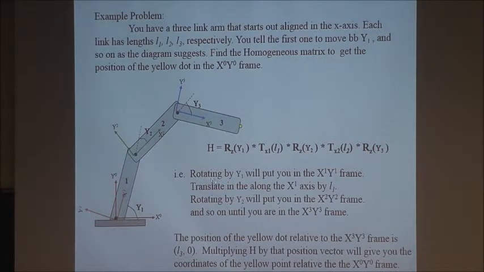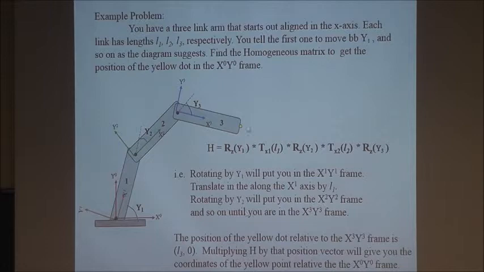That is to say, you rotate by y1, which puts you in the x1, y1 frame. Translate along the x1 axis by L1. You reach here. You rotate by y2, it puts you along this link, and then you move x2 by L2 into the x2, y2 plane, and so on until you reach the x3, y3 frame.